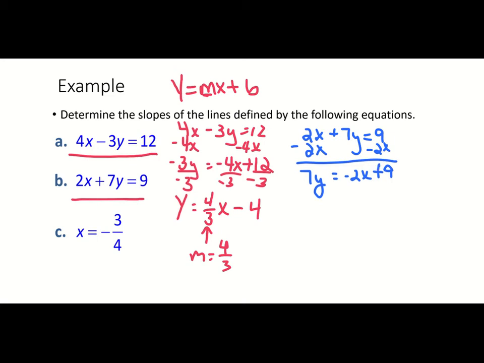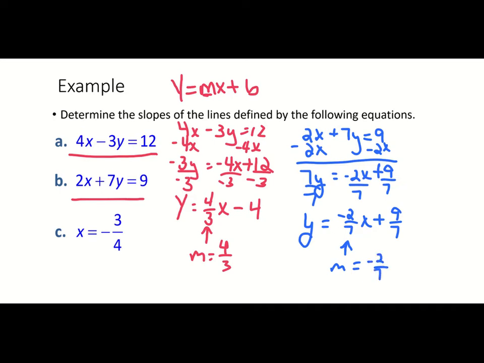And then we need to get y by itself, so we're going to divide by 7 on everything. So y is going to be equal to negative 2/7 x plus 9/7. We don't need to simplify it. We really only need the slope from this, but that would be our y-intercept. So our slope here is negative 2/7.